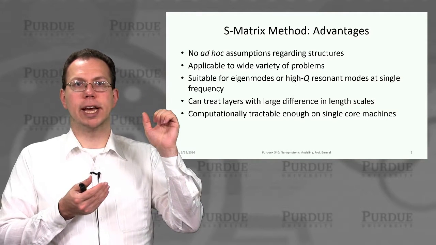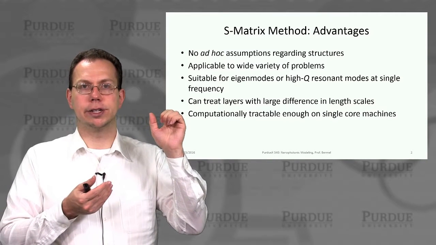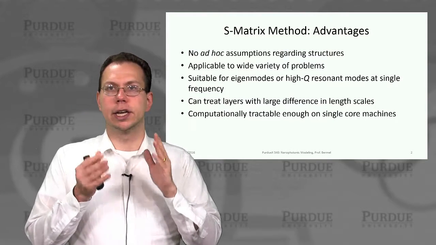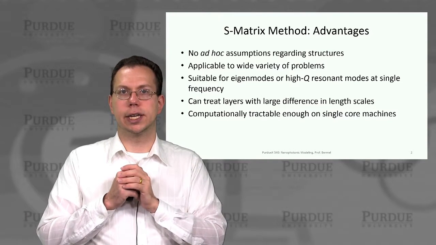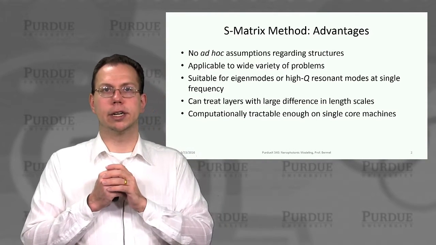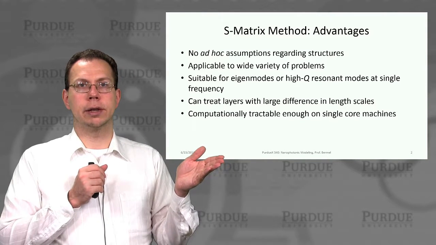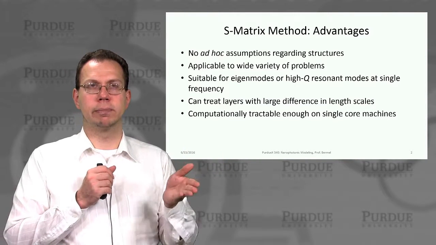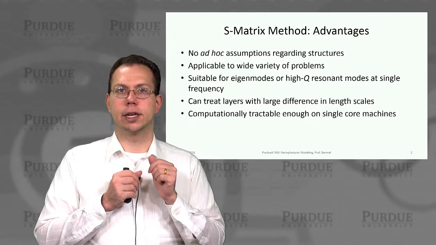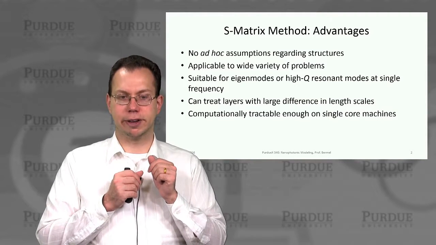So you're spanning almost 6 orders of magnitude in thickness. If you try to solve that using some other methods that we'll talk about later, and also the eigenmode solution from unit 1, then the computational time would be prohibitive.